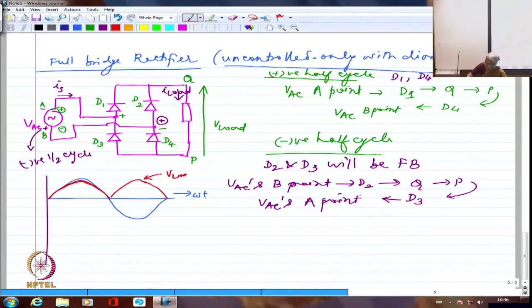Right? If it is a pure resistance load, the voltage waveform and the current waveform should be exactly matching with each other, because of which I will have the current waveform somewhat like this. I am showing it as though there is a very large resistance, so small current, right?